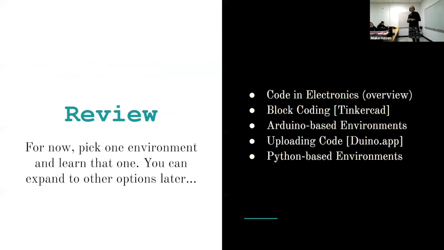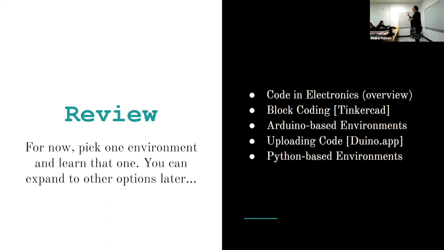Okay. So that's a whirlwind tour of the endless rabbit hole that microcontroller programming is. But the punchline for you is all of the projects that we have for foundations are in Tinkercad, and they have block-based code associated with them that you can look at and see what the thing is supposed to do.